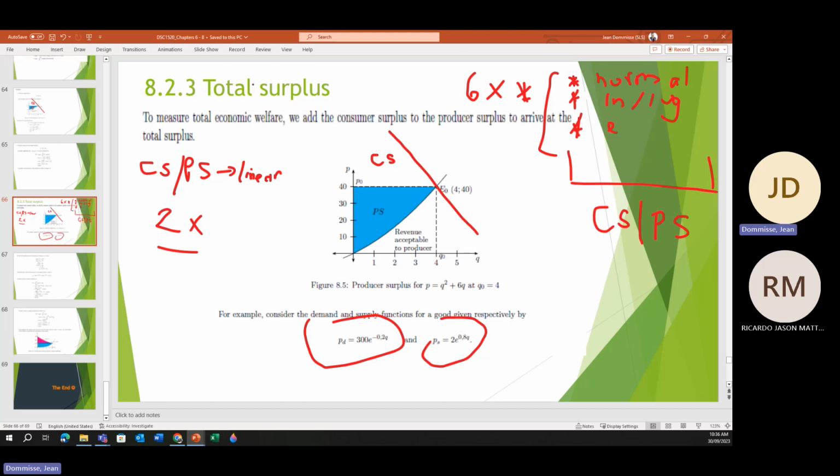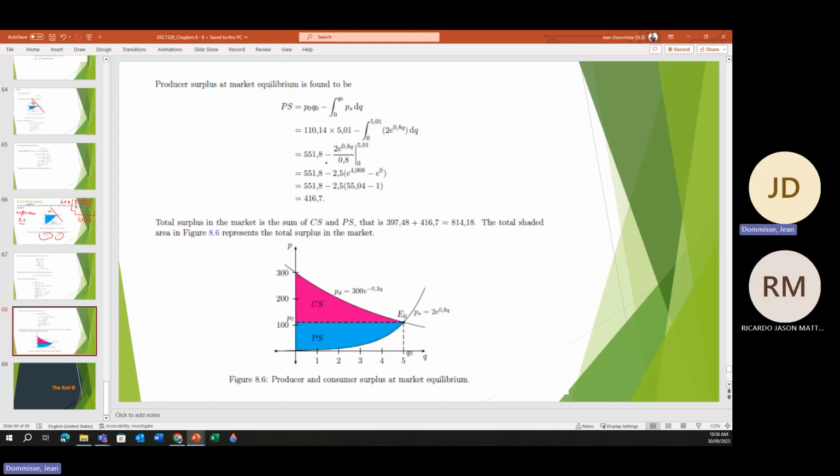Then the last thing is where they talk about really looking at consumer surplus and producer surplus, where they nearly want you to do the total surplus.